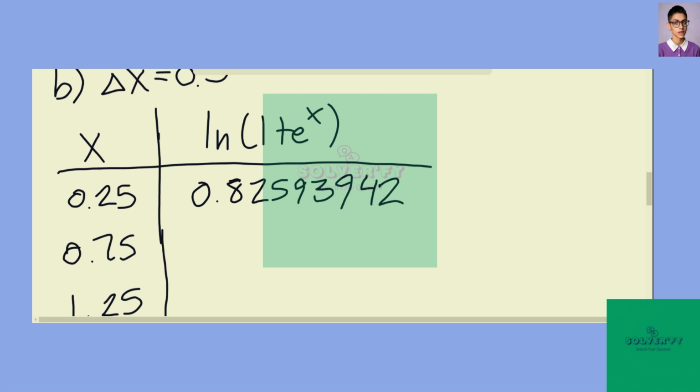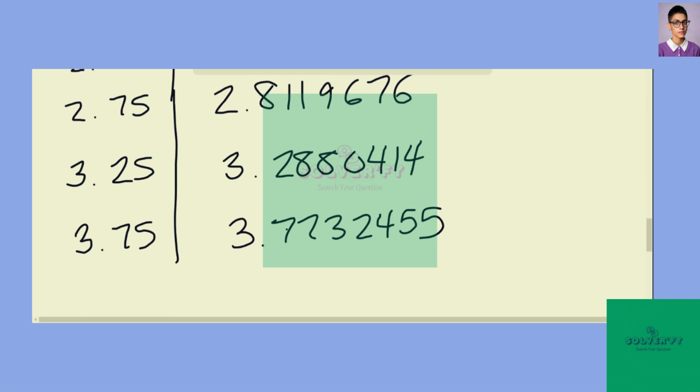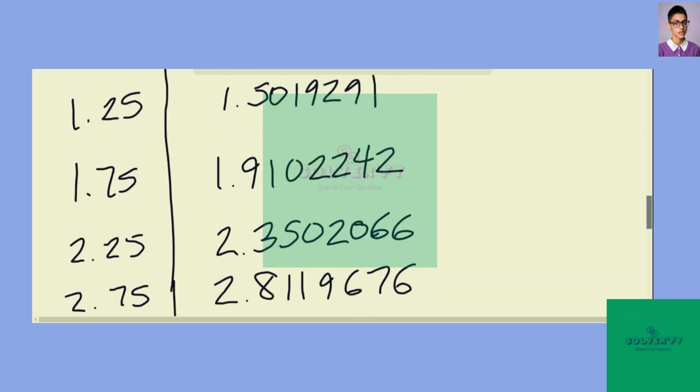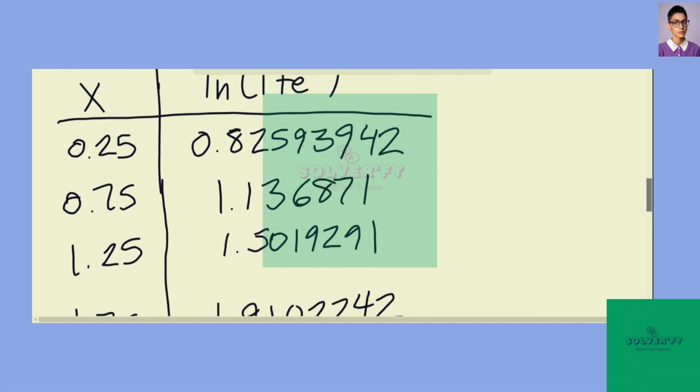I would suggest at least 6. Likewise, we plug in 0.75, we get 1.136871. And I'll continue this all the way down the table. The table of values should look something like this.